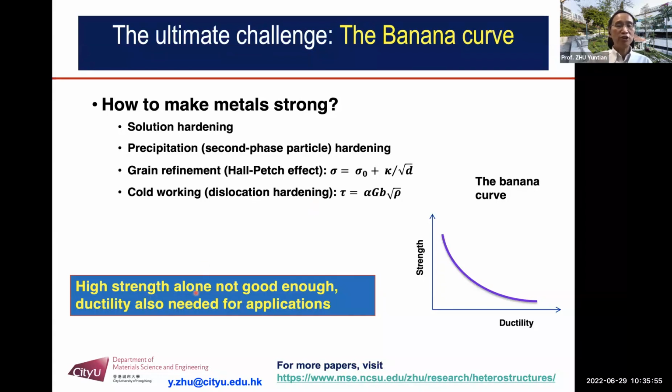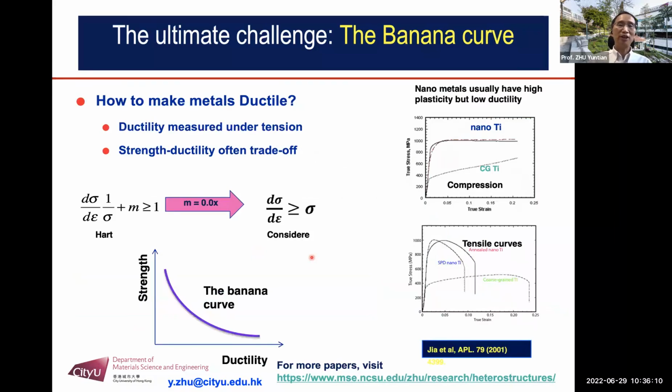However, high strength alone is not good enough. Ductility is also needed for real application, because without ductility, it's not safe to use the material. Then how do you make metals ductile? It turned out not to be so simple. Okay, first we have to define what ductility is. I need to stress again that ductility is measured under tension.